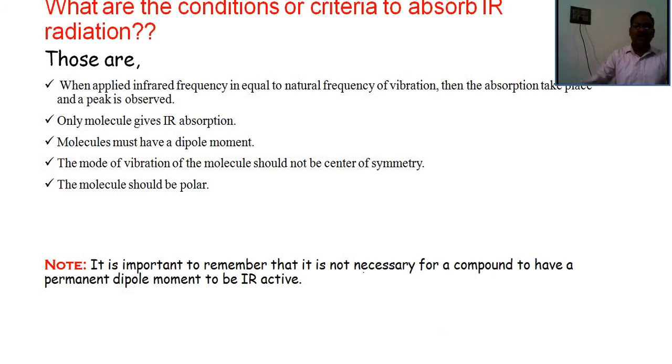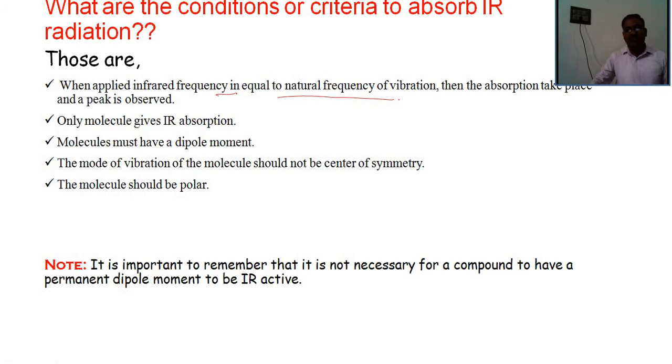What are the conditions or criteria to absorb IR radiation? When the applied infrared frequency is equal to the natural frequency of vibration, absorption takes place and a peak is observed. Only certain molecules give IR absorption.